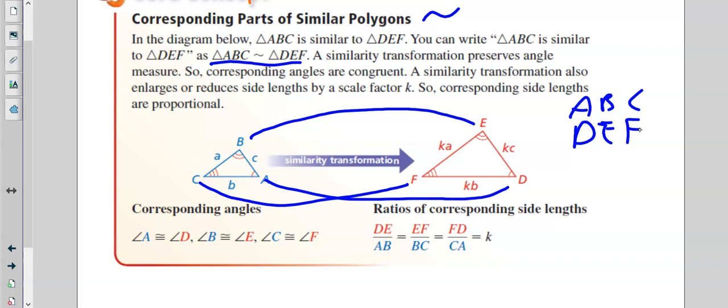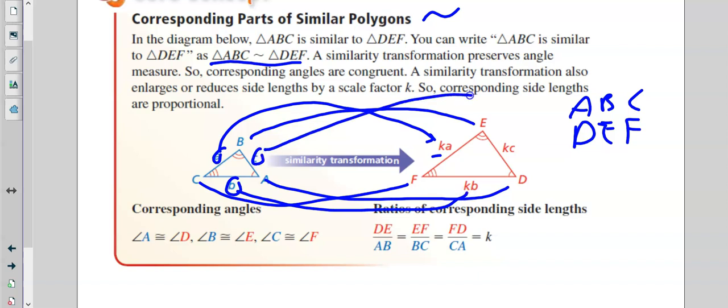Now, there's a ratio. This side right here is going to be multiplied by a number, whole number or fraction, to get that side. That's K. That's our rate. Notice B is going to be multiplied by the same number, and C is going to be multiplied by the same number.